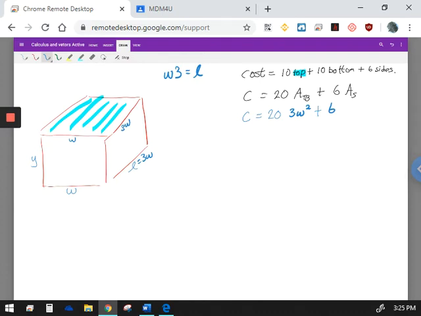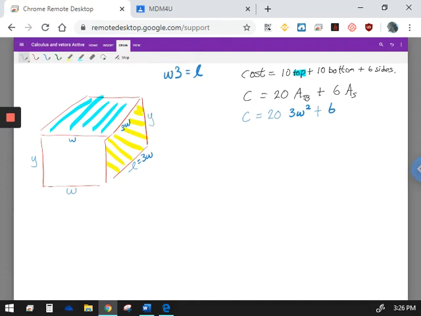Now, I'm going to put up my 6 here. And now I know I need the area of these sides here. Oh, looks like I've got a bunch of different sides going on. Let's focus on this side first. What's the area of that side? It's got a Y for a height. See the Y here?